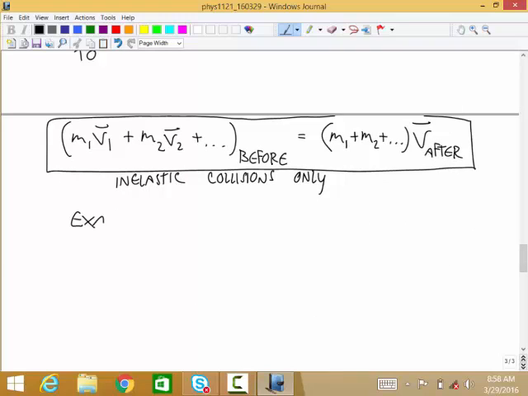All right, so here's an example. That's a skateboard. There's a kid standing on this skateboard. Okay, and a ball is thrown to this kid with a horizontal component of velocity of, let's say, 10 meters per second.